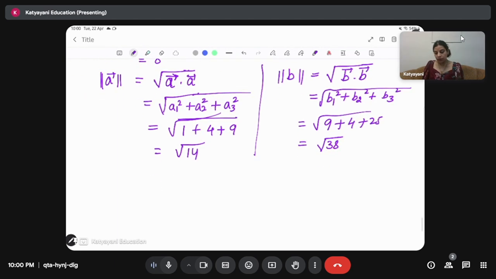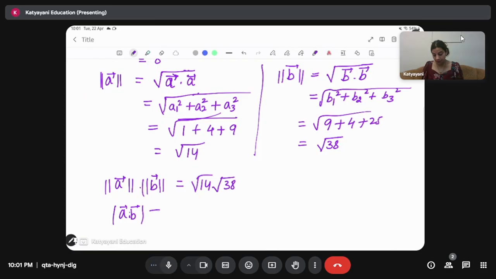So you can see here that the product of the norm of a and the norm of b would be the square root of 14 into the square root of 38. And a dot b we have found out to be 8.